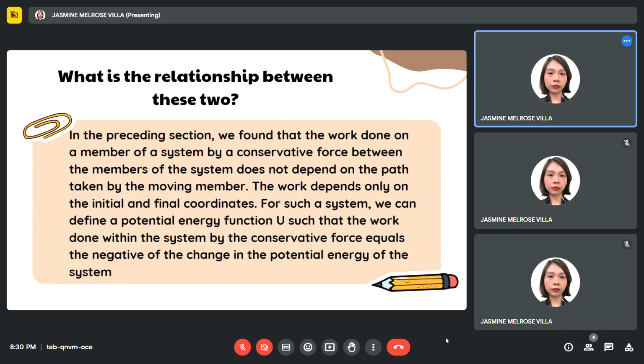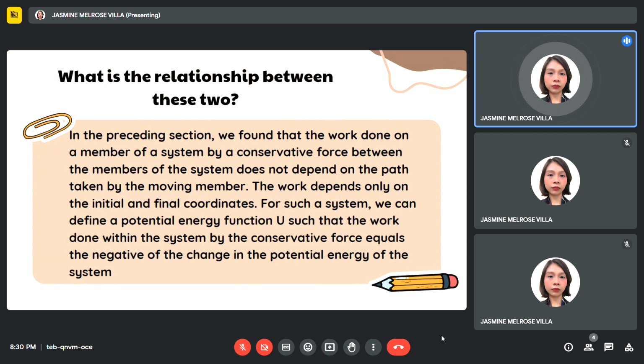The work depends only on the initial and final coordinates. For such a system, we can now define a potential energy function such that the work done within the system by the conservative force equals the negative of the change in the potential energy of the system.